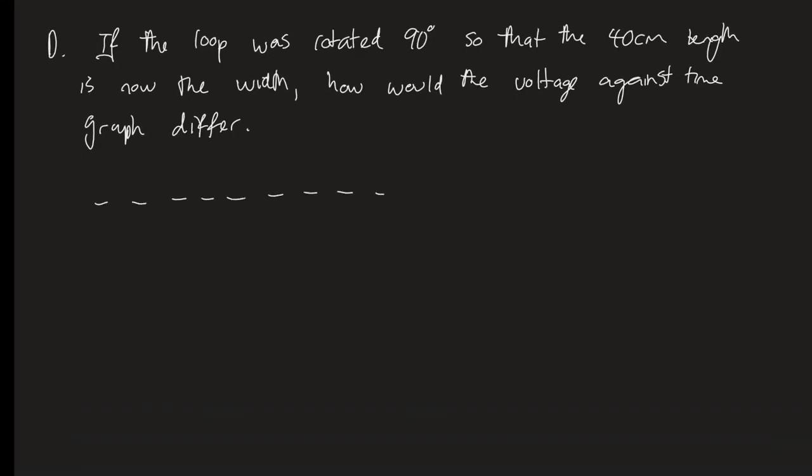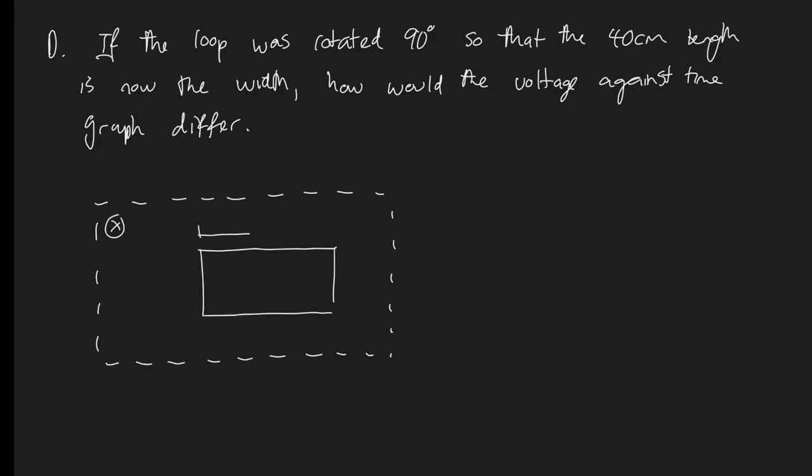So we've got our region of magnetic field, a standard uniform field directed into the page. And then we've now got our loop arranged like this, where the width is 40 centimeters, 0.4 meters. It still sits at 0.3 meters away from the edge, and the height is 0.2 meters.